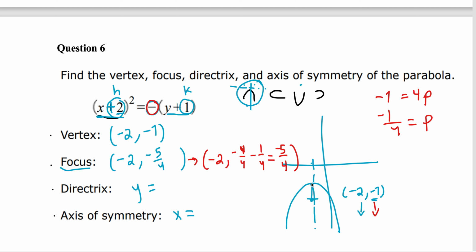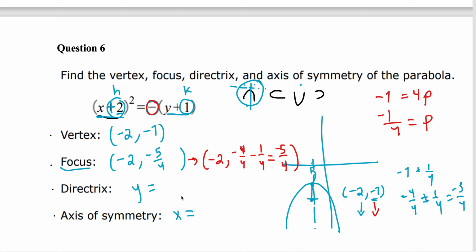Remember, now the directrix is up. So if we go 1/4 units up, technically it is -1 plus 1/4, which is -4/4 plus 1/4, which equals -3/4.